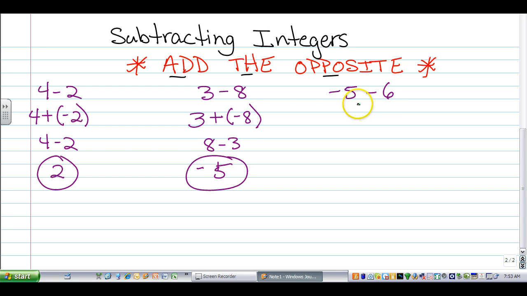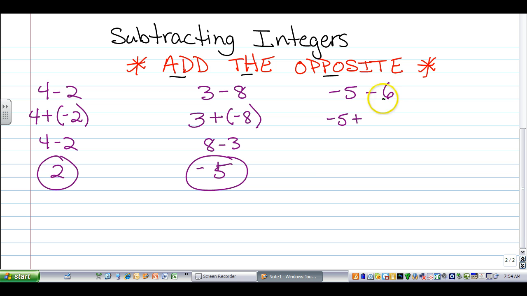Now something like this looks pretty confusing, but you're still going to add the opposite. You never do anything to this first guy. That first guy, leave it alone. Okay? So I keep the -5, and I'm going to add the opposite. So I'm going to change that to addition.